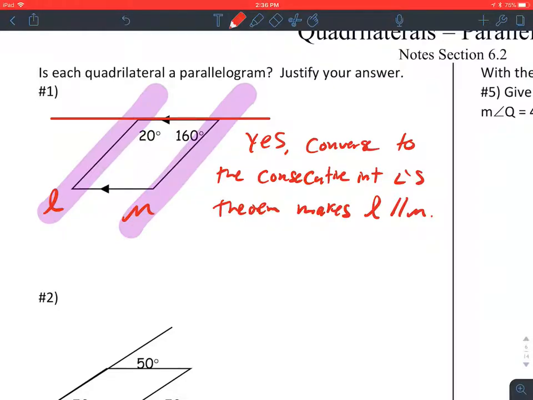The converse to the consecutive interior angles theorem says if a pair of consecutive interior angles are supplementary, then that makes the lines parallel. So that's what I'm using here. So then, by definition, because both pairs of opposite sides are parallel, this is a parallelogram.